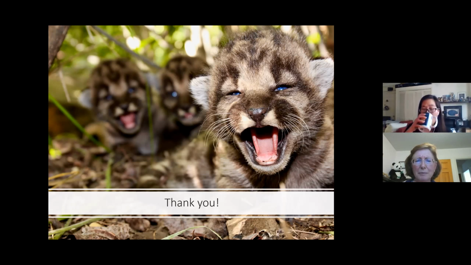And then Lawrence is saying, is the Getty contributing to the Liberty Canyon overpass? Oh, that's a good question. I'm not involved in the fundraising for that, so I'm not totally sure who has been engaged on that.